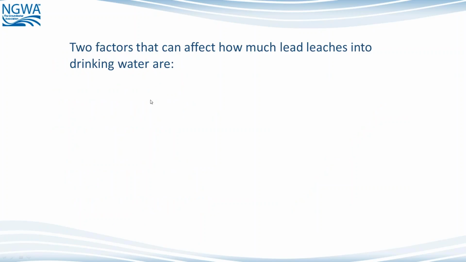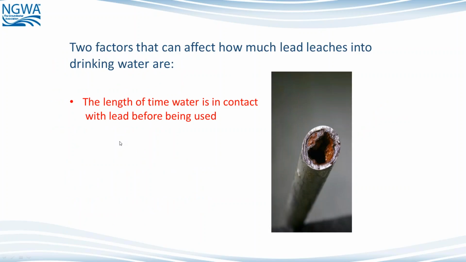The two factors that can affect how much lead can leach into drinking water are the length of time water is in contact with lead before being used, such as sitting in a pipe that may have lead in the construction somewhere, and the corrosiveness of water, primarily related to pH, although it's not necessarily limited to the pH of the water.